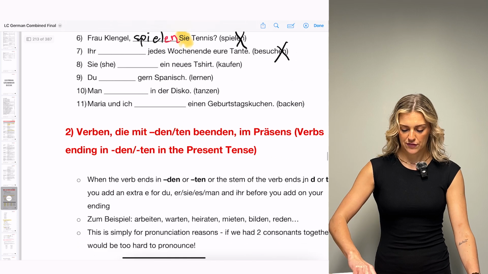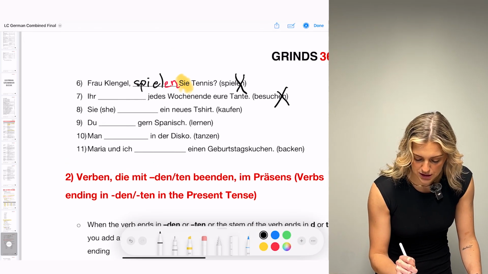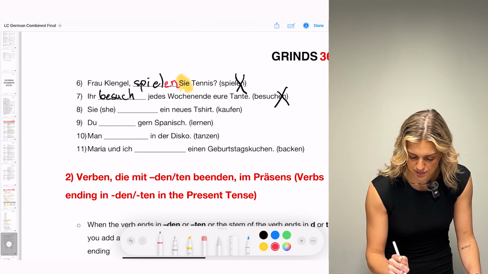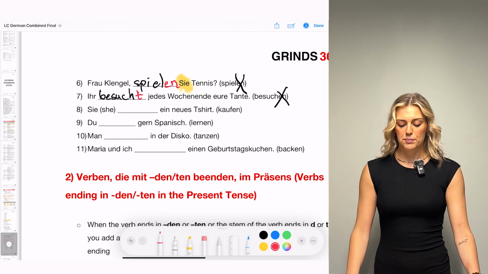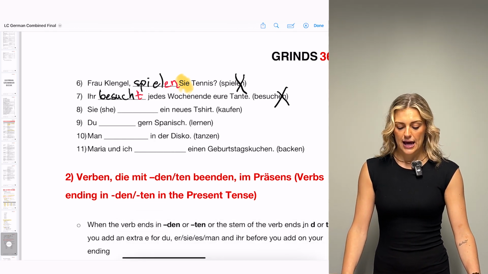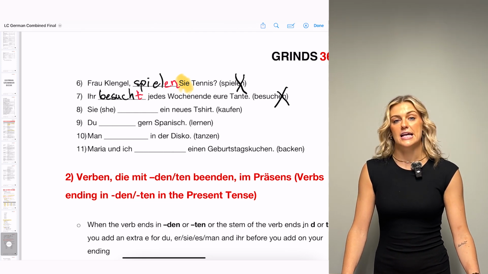Okay, so I will add that on now. I end up then with ihr besucht. Getting better at the writing. Ihr besucht jedes Wochenende eure Tante. Okay? You visit, or you plural visit your auntie every weekend.